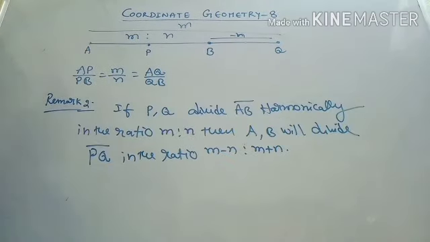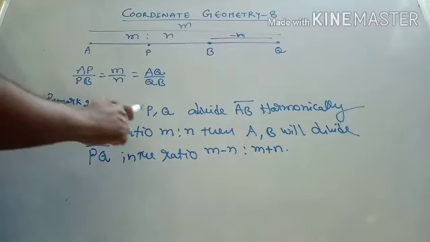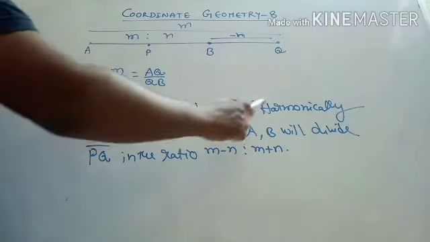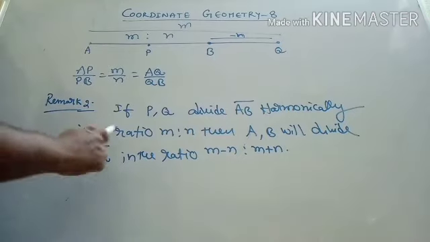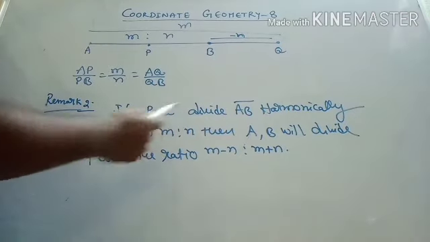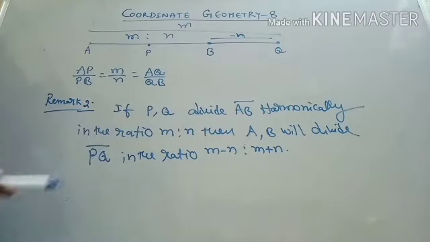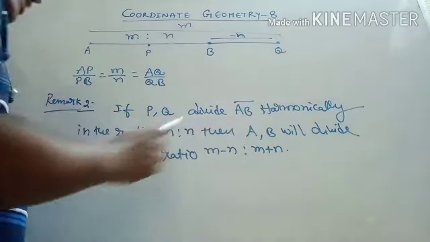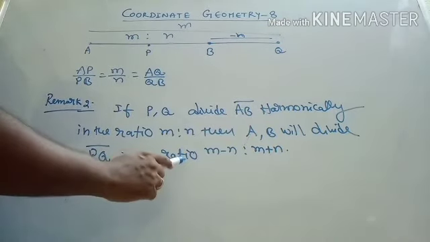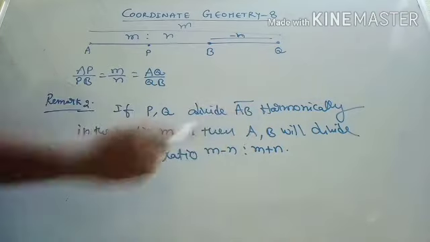Next we have remark 2, a very important remark. We know that if P comma Q divide AB harmonically in the ratio m is to n, right? Then A comma B will divide PQ in the ratio m minus n is to m plus n, right?